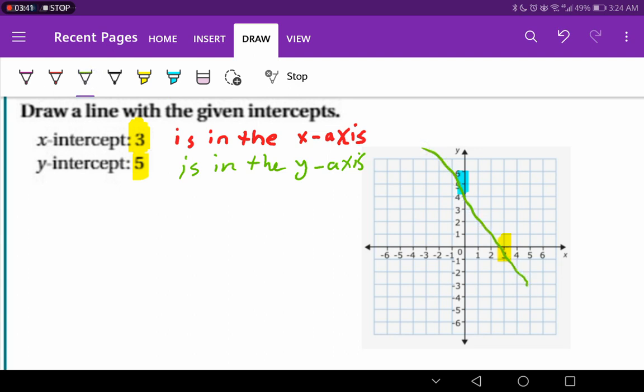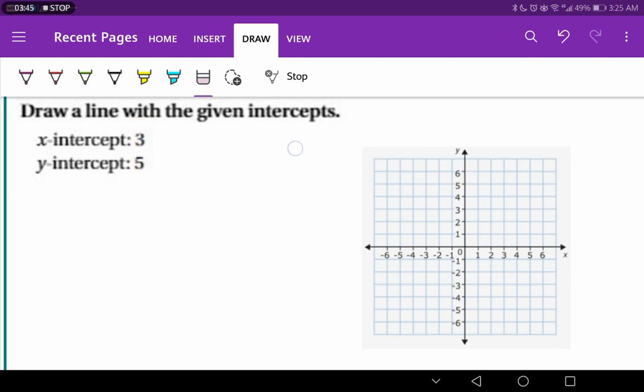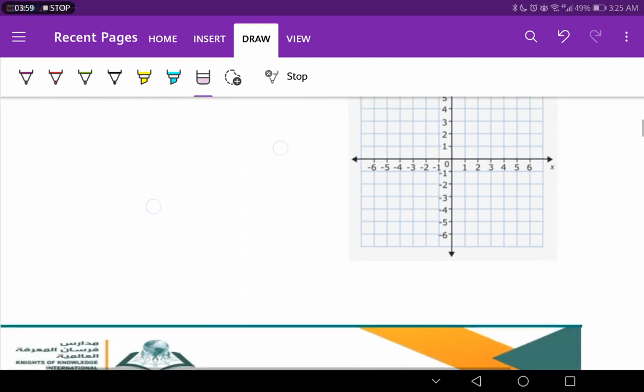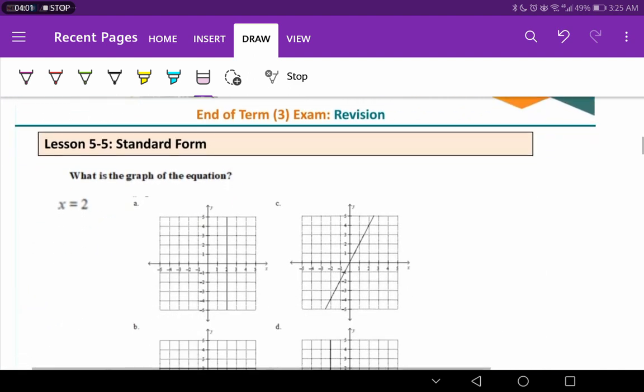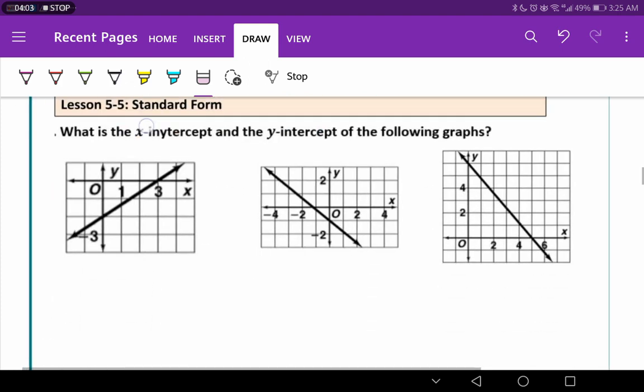Easy, yes? Are you happy with that? Me too. But remember the song: x-intercept y equals 0, y-intercept x equals 0. Why do you have to memorize this song? I will tell you later.